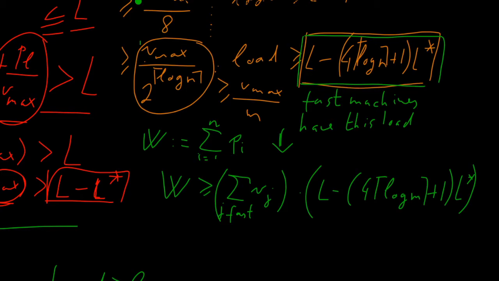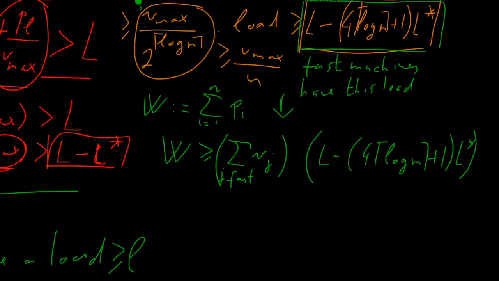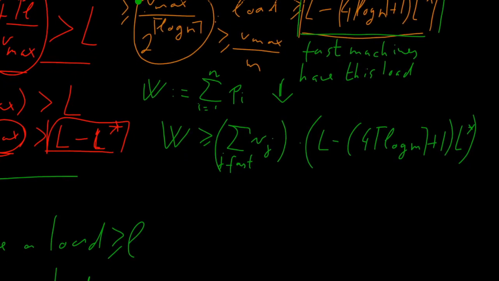Okay. And also we had found previously that the total work is at most the sum of all the speeds times R star. That was our very first lower bound for the optimal cost R star, written in some other form.